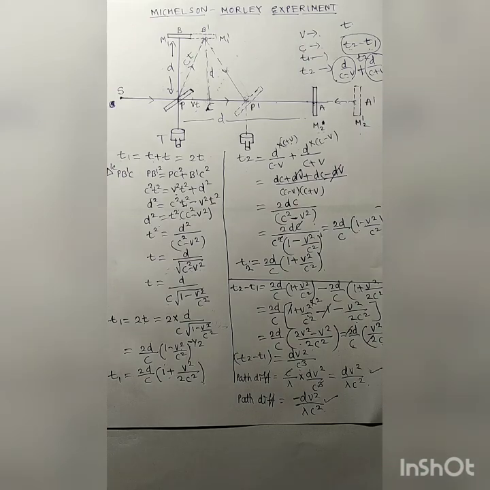Once again, go through the thing. In the experimental setup, S is the source, P is the semi-silvered glass plate, M1 and M2 are the two mirrors, and T is the telescope to measure the interference of light.